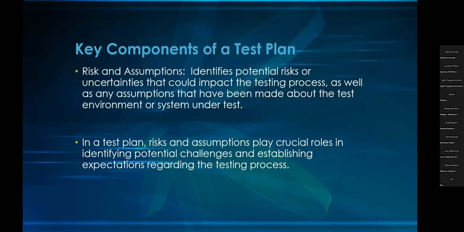So we also have risk and assumption. Risk and assumption helps to identify the potential risks or uncertainties that could impact the testing process, as well as any assumptions that have been made about the test environment or system under test. So as a tester, you need to think ahead.